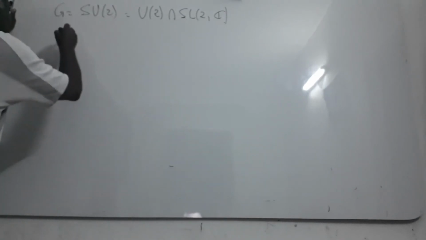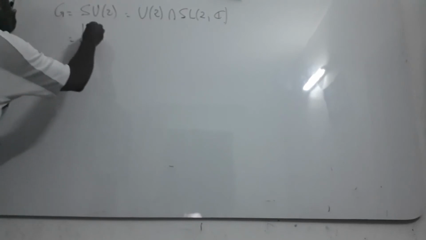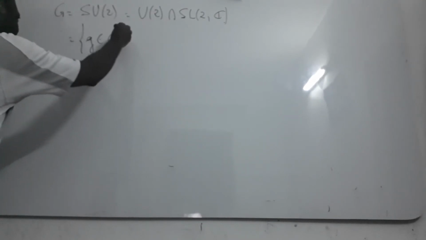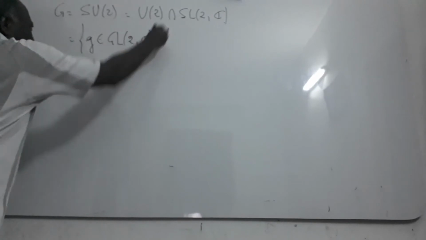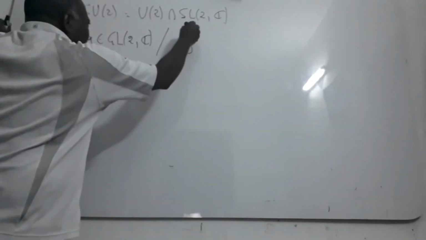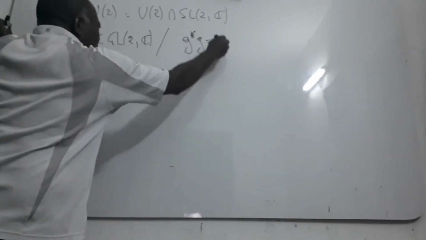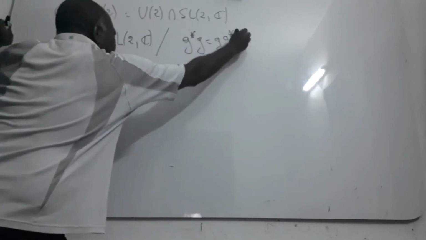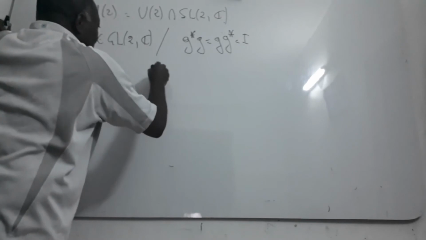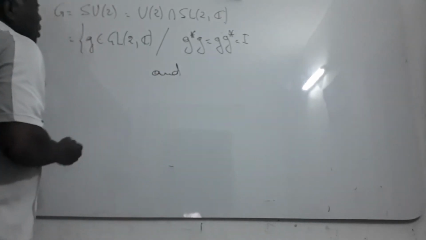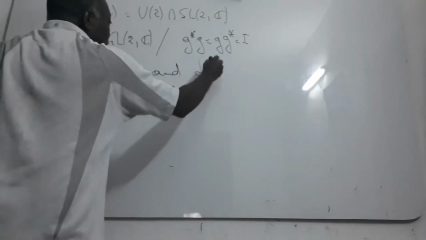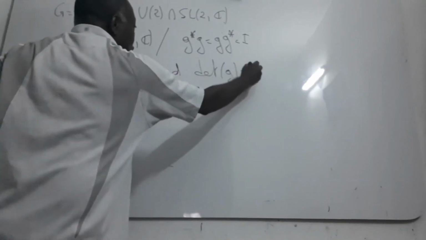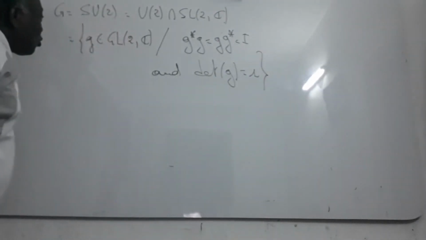It contains the elements G of GL(2,C) such that the adjoint of G times G will be equal to the identity, and also the determinant of G is equal to 1. This kind of group.